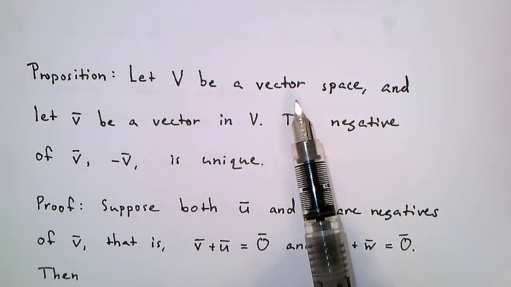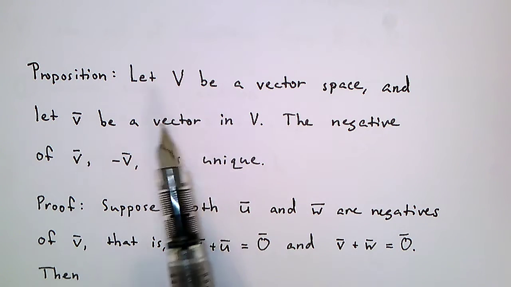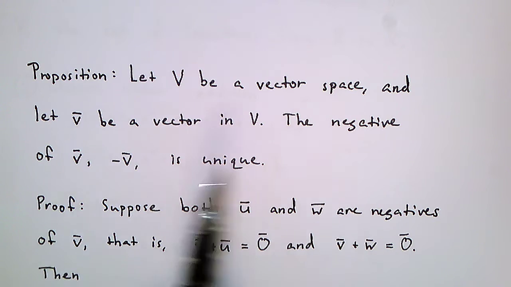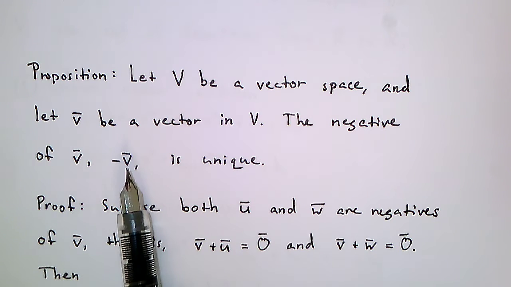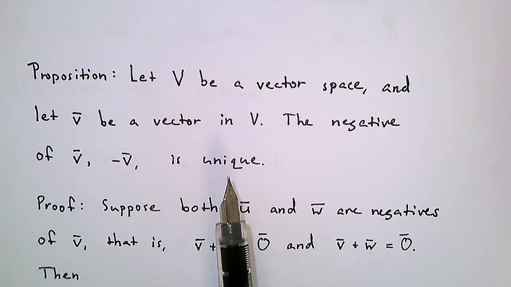Let V be any vector space, and let lowercase v with a bar on it be a vector in our vector space V. Then the negative of v, which we use this notation for, just a minus sign written next to v, the negative of v is unique.